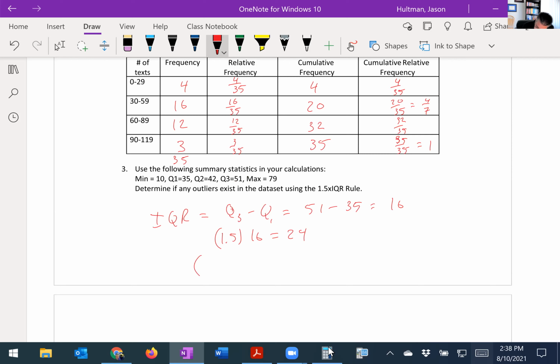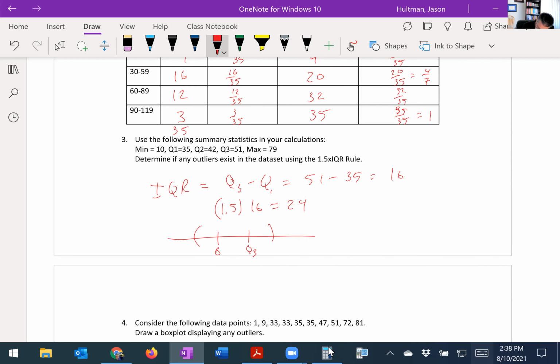Well, they have to be 1.5 IQRs above Q3 and 1.5 IQRs below Q1. And so if I take Q1 minus 1.5 times the IQR, I'll get my lower fence. If I take Q3 and I add 1.5 times the IQR, I get my upper fence.